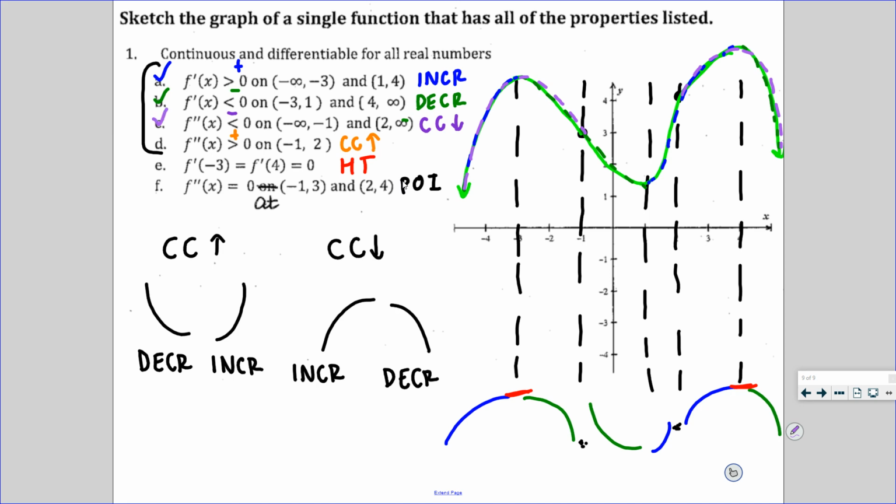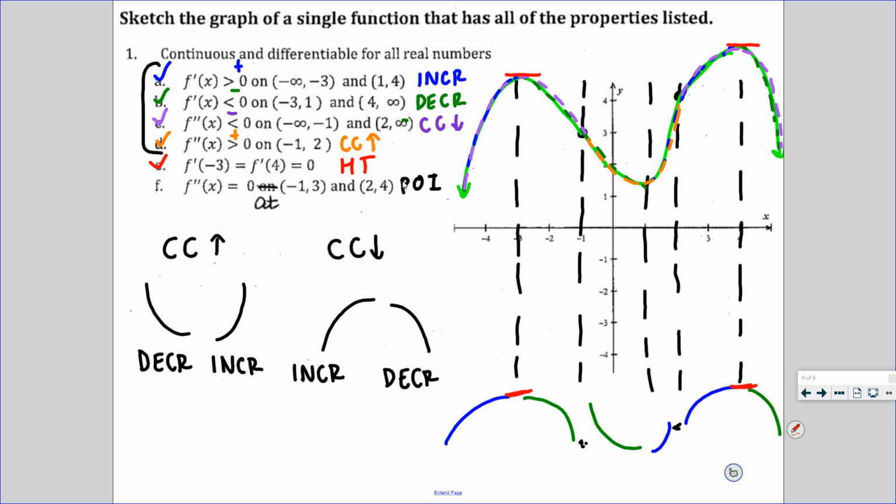Yep, that looks good. Am I concave up in between there, from -1 to 2? Yep. Does it look like my derivative, my instantaneous rate of change at -3 is 0? My horizontal tangent? You betcha. What about at 4? Yup, that looks good.